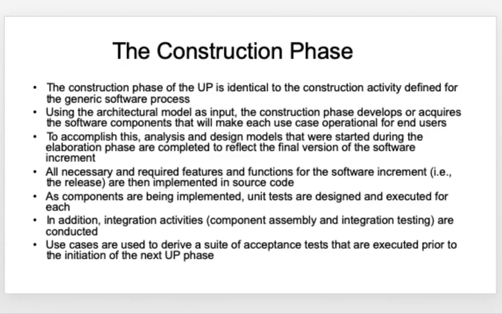The construction phase also looks into unit testing and integration testing after product or component assembly, and then you derive use cases to write down a set of acceptance test suites that will be executed prior to the initiation of the next unified process phase.